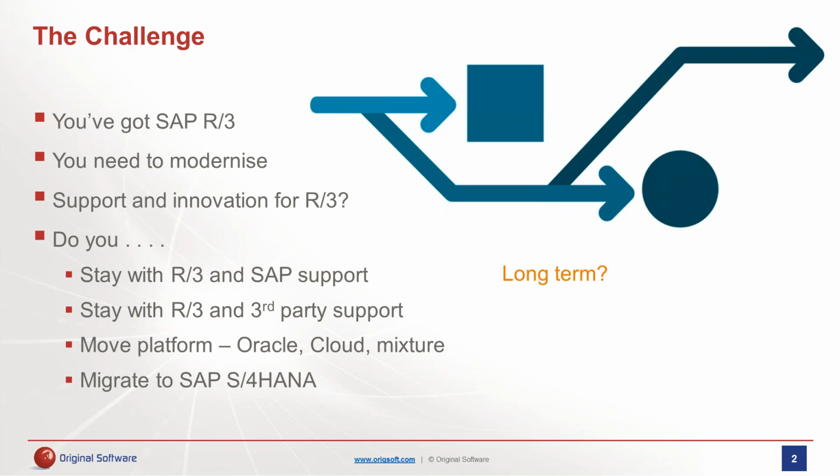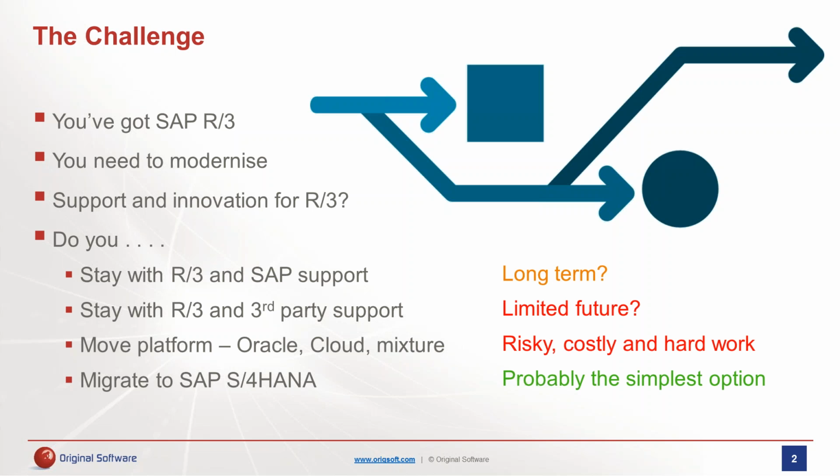And then obviously you do have that option to consider another application such as Oracle, or a cloud application, maybe a mixture of all of those. But probably the simplest and easiest option is to consider migrating to SAP S/4HANA.